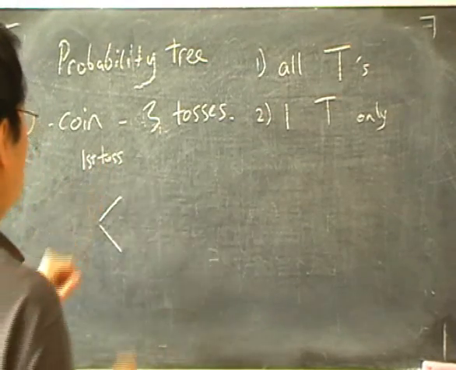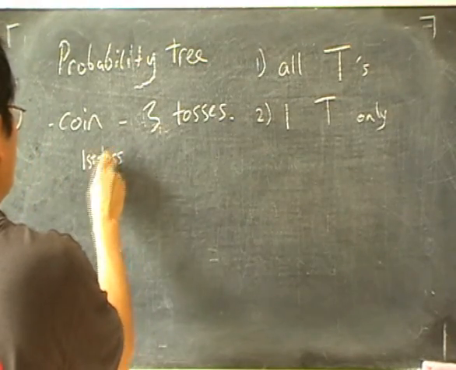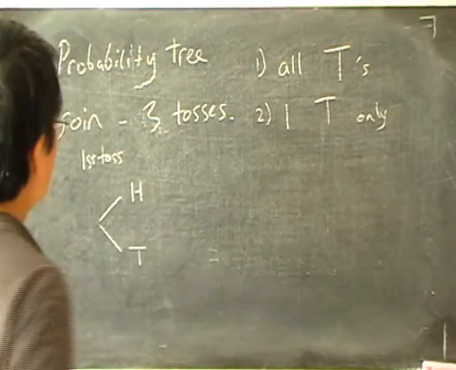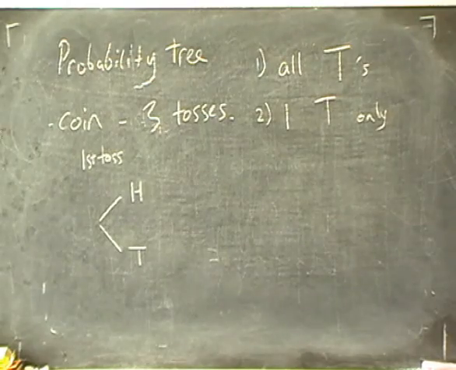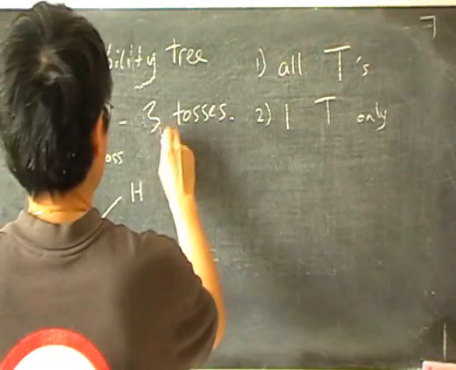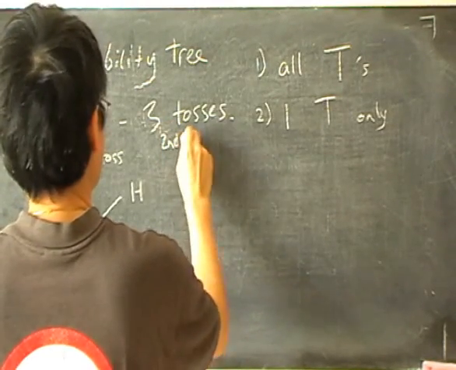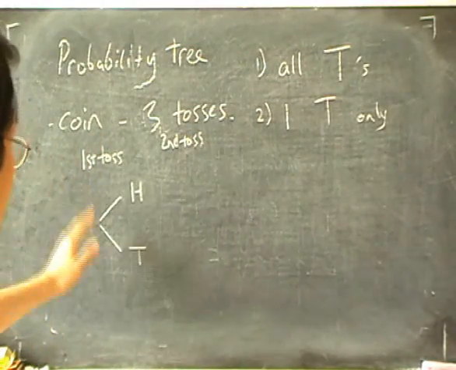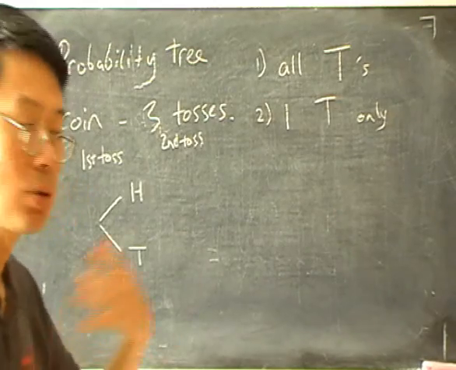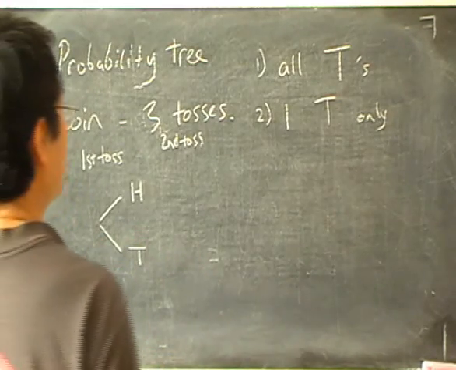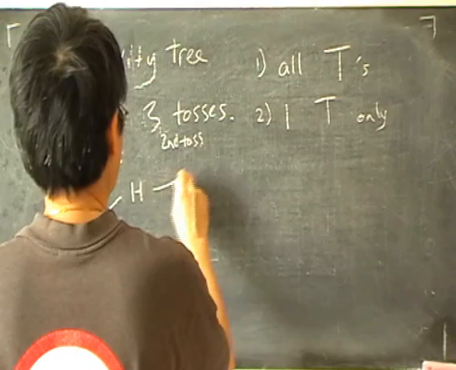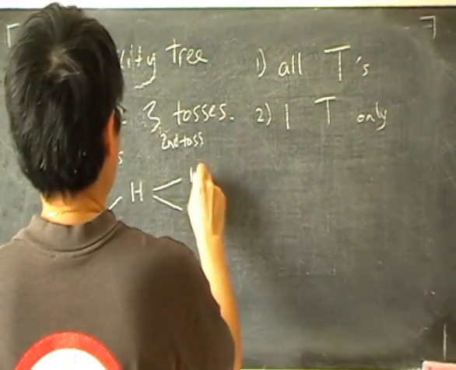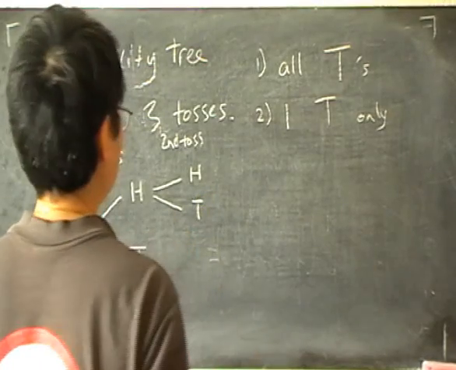In the first toss, I can have either a head or a tail. Now in the second toss, if I get a head in the first toss and then I toss it a second time, I can get either a head or a tail again.